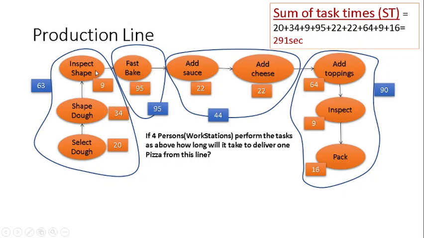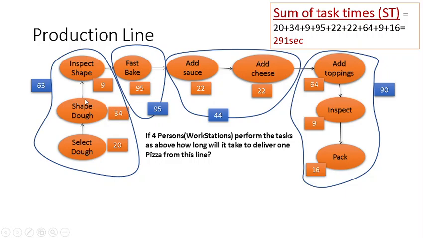If we give it a try with a calculator, because this is a simple example, we can identify that if we group the first 3 tasks, we have 63 seconds. If we group the sauce and cheese, we get 44, and the 3 at the end, we get 90. Of course, we have to be aware that we need to consider the sequential flow.